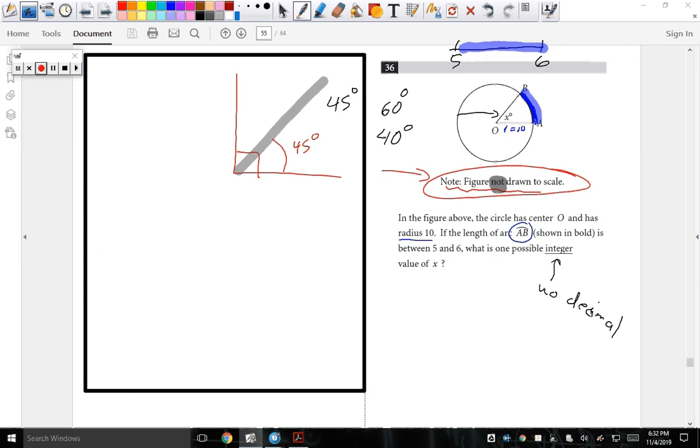All right, so let's go ahead and now figure out what it is. So if it's 5 and the radius is 10, right now what you can do is create 2 different case scenarios. You can create it if it's 5, and you can create it if it's 6. Okay? And the equation that we're going to be working with on this is the following.